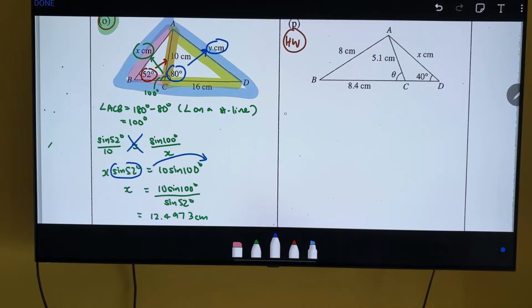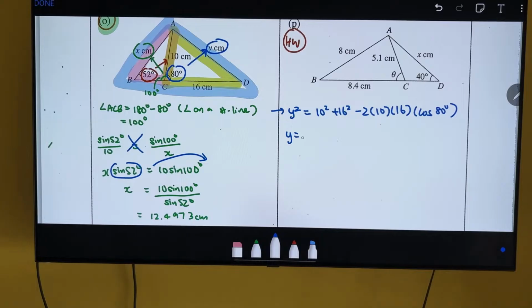With cosine rule, let me write it in the space for P. y squared equals 10 squared plus 16 squared minus 2 times 10 times 16 cos 80.